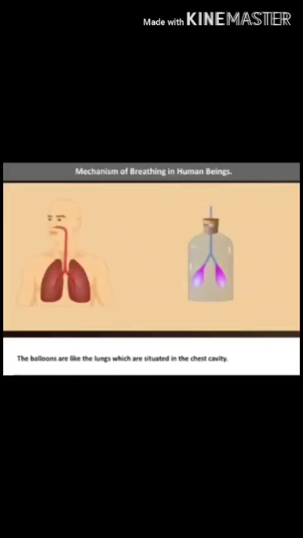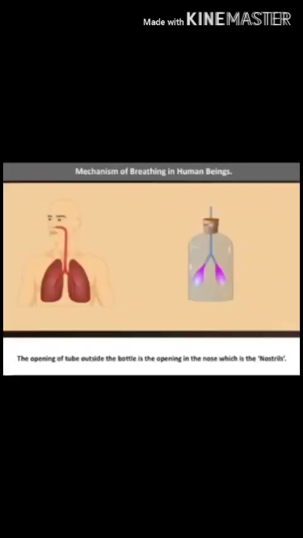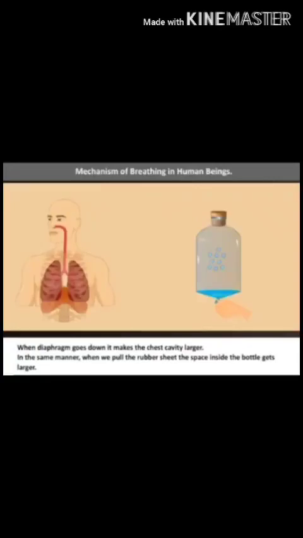Y-shaped tube is representing the trachea and bronchi and the balloons are representing here the lungs which are situated in the chest cavity, and the opening of the tube outside the bottle is the opening in the nose representing nostrils. When diaphragm goes down, it makes the chest cavity larger.